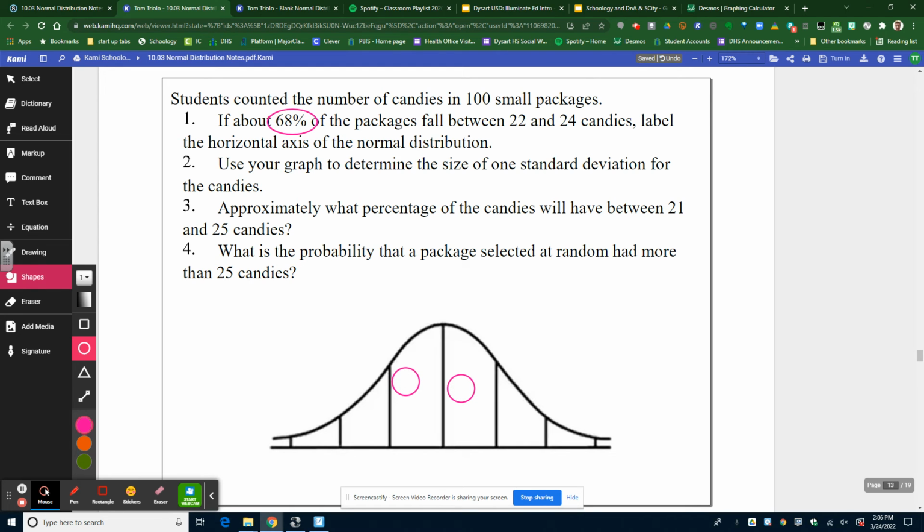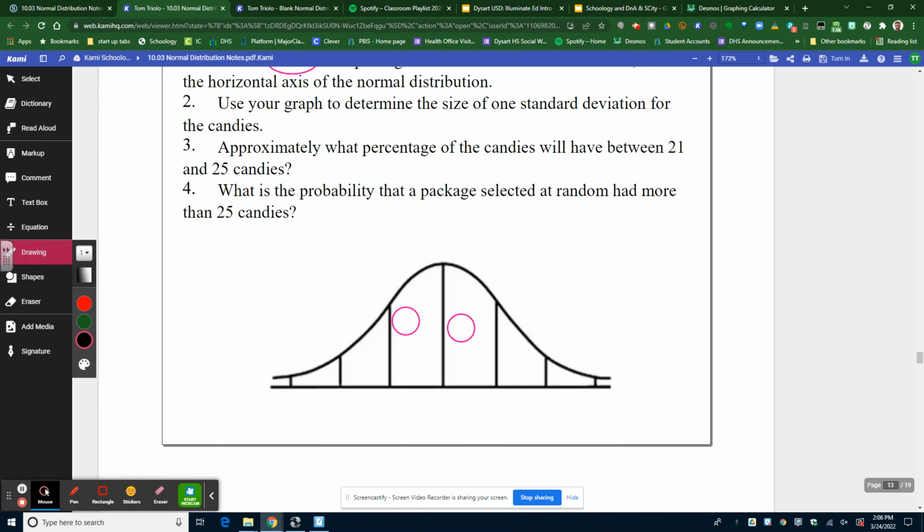So that means I put a 22 here and a 24 here. And if things are symmetric, which they are on a normal distribution, what has to go in the middle? 23, okay? And now I should be able to figure out my standard deviation, which is just itty bitty 1. So that means this is 25 and 26, and now I have everything I need for the rest of the problem.